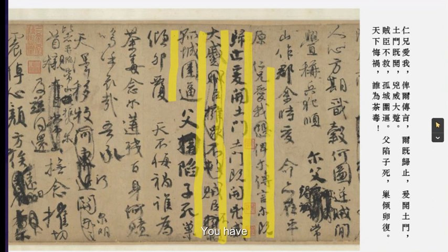You have the normal characters, the regular characters beside it, so you might be able to figure out some characters here. My selfless older brother so loved me that he asked you to send words to me. You had already returned home, and Tuming Pass was conquered.